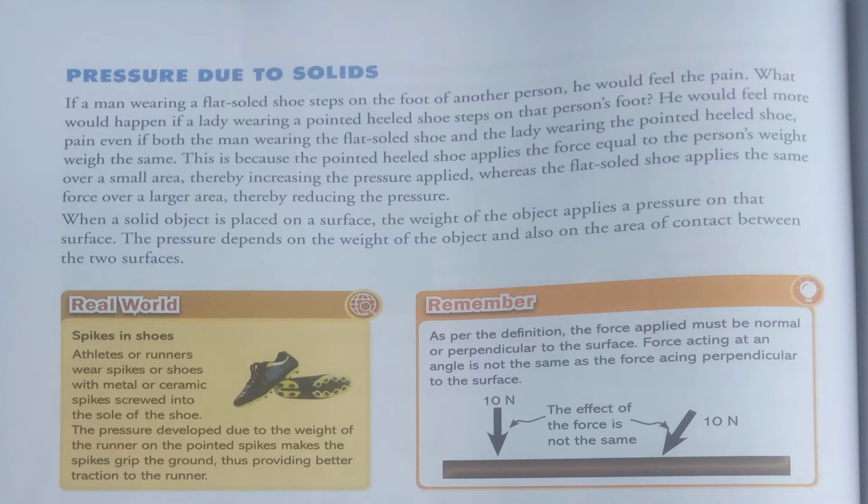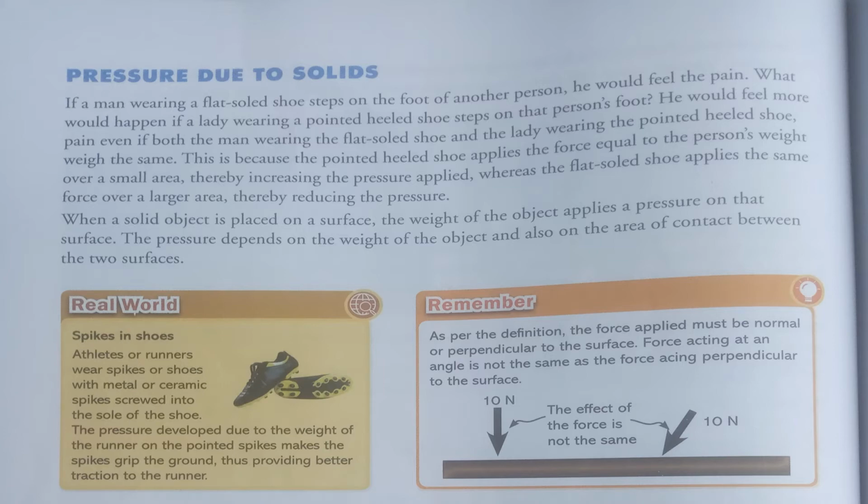In a heel shoe the surface area is very small, so the whole weight of the person is exerted through this small area, thereby increasing the pressure applied, whereas the flat-soled shoe applies the same force but over a large area.